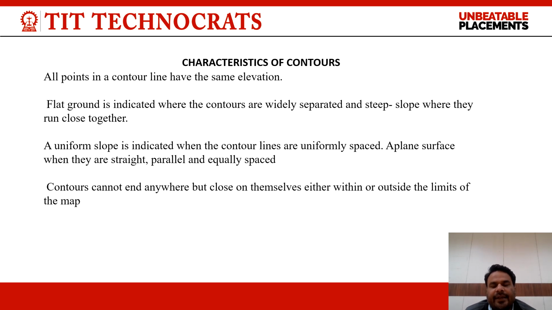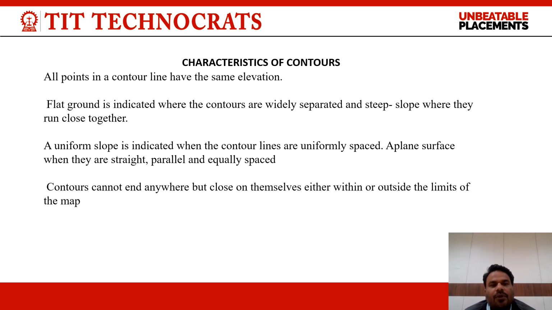Next are different characteristics of a contour. First characteristic: all points of a contour line have the same elevation. Next, flat ground is indicated where the contours are widely separated, and steep slope where they run close together.